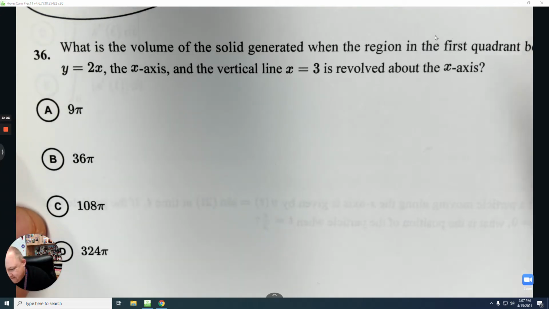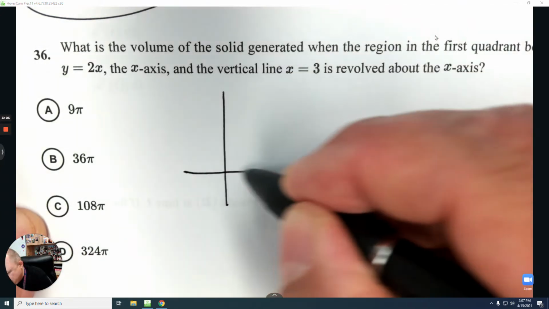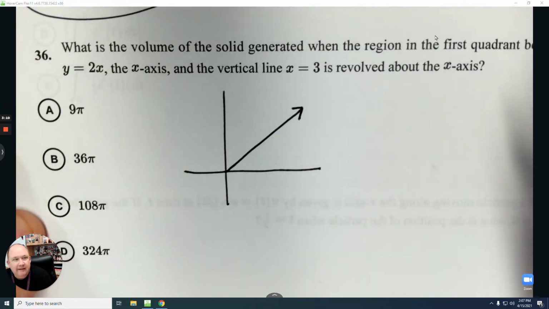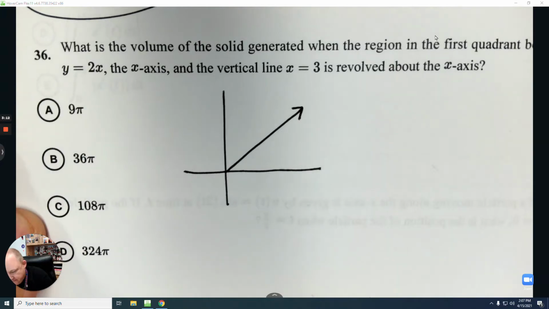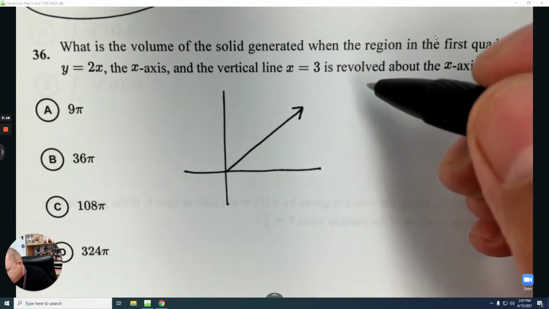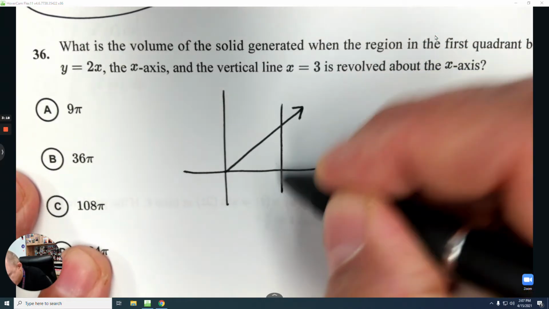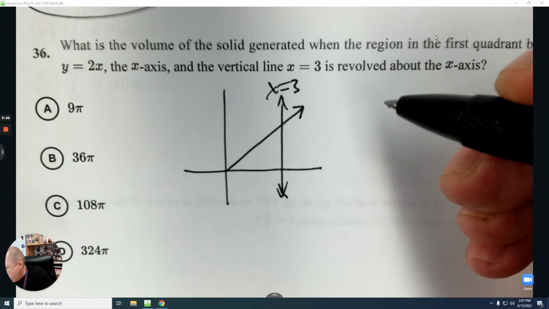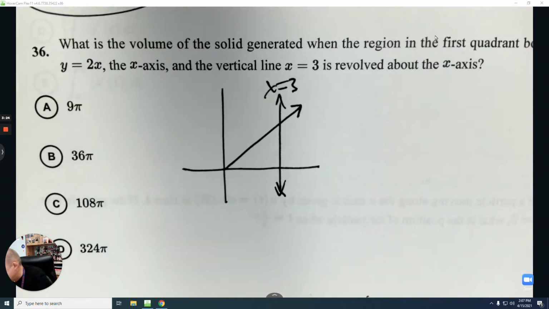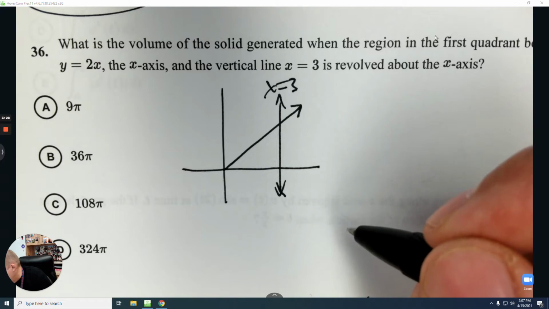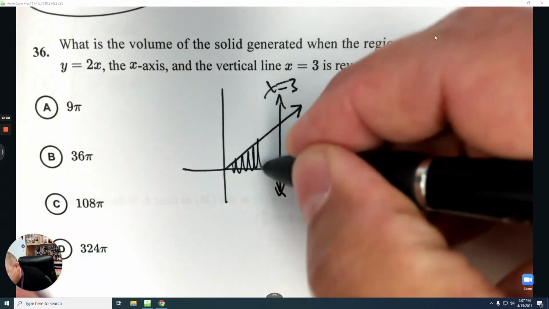So I'm going to draw the line 2x. I don't need it, only in the first quadrant. The vertical line x equals 3. And it's being revolved around the x-axis, so it's this area here.